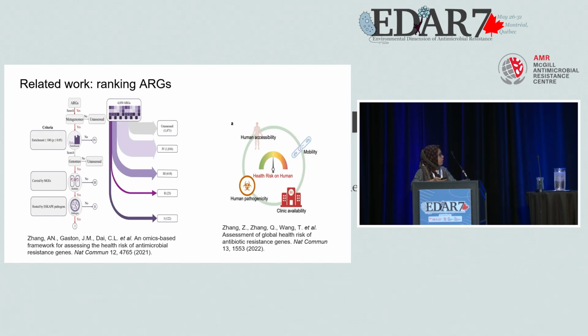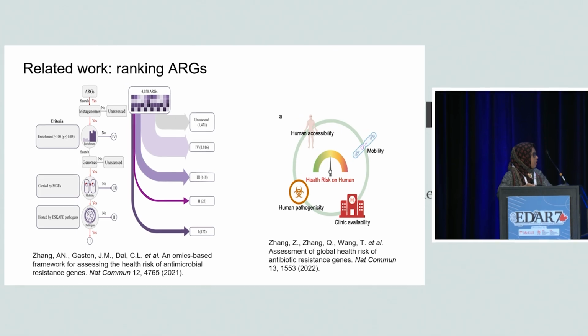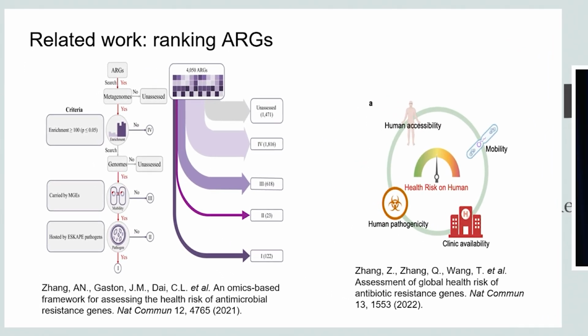In 2021, a framework called ARG Ranker was published. This framework divides nearly 4,000 ARGs into 4 ranking groups based on 3 criteria: anthropogenic enrichment, whether the ARGs are being carried by MGEs, and whether they are being hosted by ESKAPE pathogens.